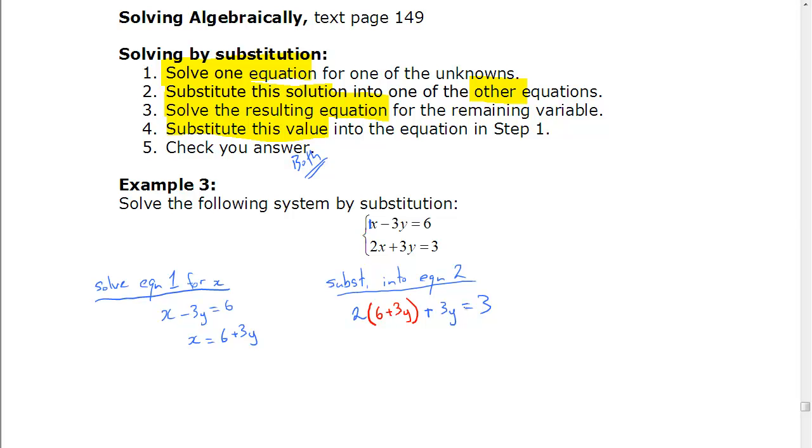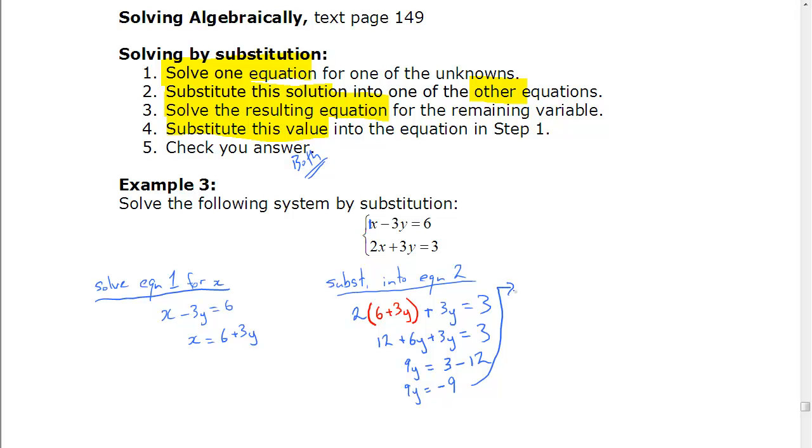Now we only have y as a variable, and we can solve that. So we get 12 plus 6y plus 3y equals 3. 9y equals 3 minus 12. 9y equals negative 9. Dividing each side by 9 then.